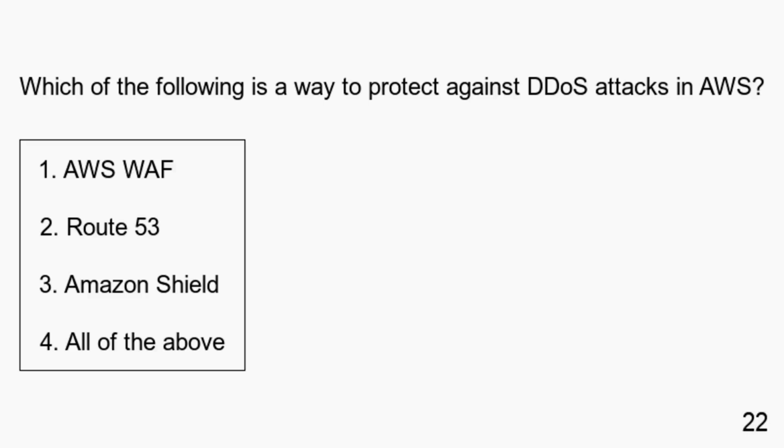Which of the following is a way to protect against DDoS attacks in AWS? AWS WAF. All of the above. Route 53. AWS Shield.